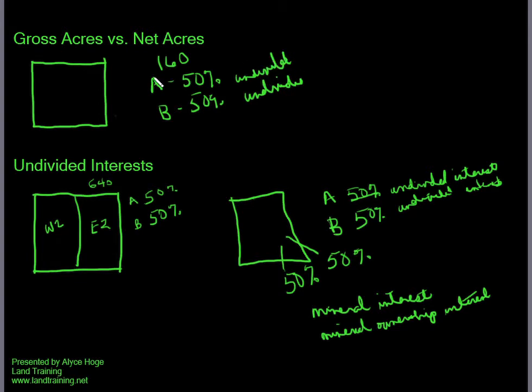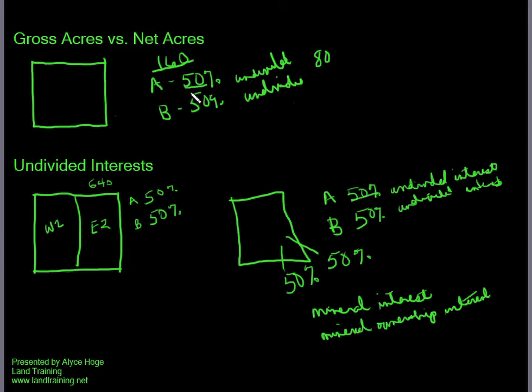So what we see on the oil and gas lease is inserted in this blank is 160 acres. Are we going to pay a bonus based on the 160 acres? Are we going to pay a delay rental payment based on the 160 acres? No, we're going to pay based on what their actual ownership is. So 50% of 160 is 80 acres.